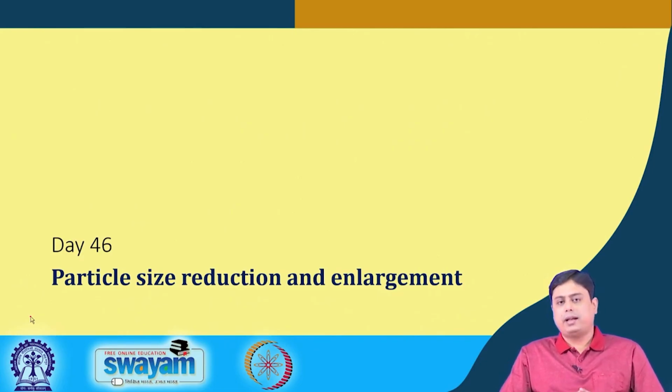Based on the fracture mechanism, we have categorized the comminution equipments. We have seen a brief overview of several equipments. During this particle breakage or particle size reduction, for the amount of energy it consumes, we have seen three different laws in chronological order, starting from Rittinger's law, Kick's law and Bond's law.